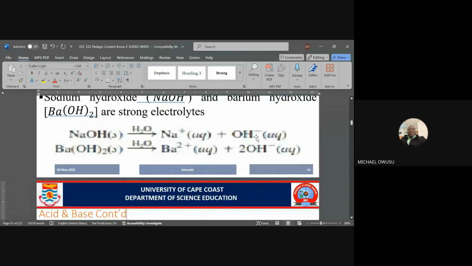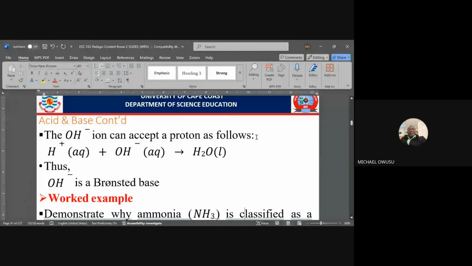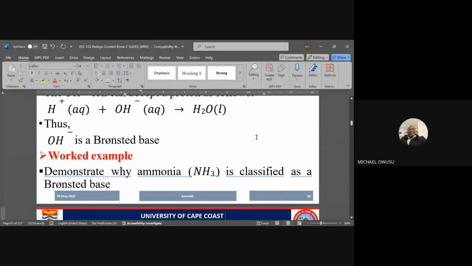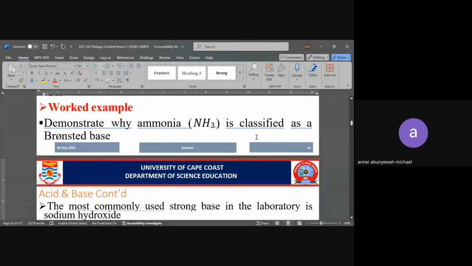By the way, what are electrolytes? Electrolytes are liquids that conduct electricity.